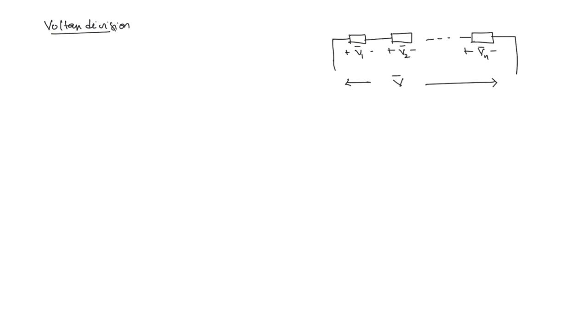Okay. So what will be voltage V1? This will be equal to, so the impedance also we have to take, right? So let these be Z1, Z2 and so on till Zn. So V1 bar will be equal to Z1 divided by the sum of all the impedances into the total voltage V bar. This is for the first impedance.